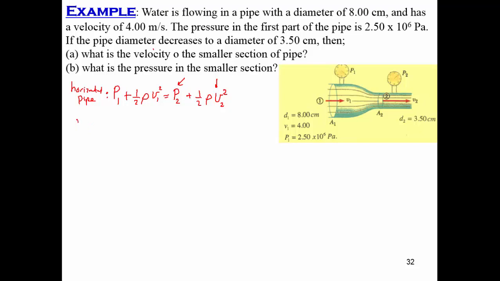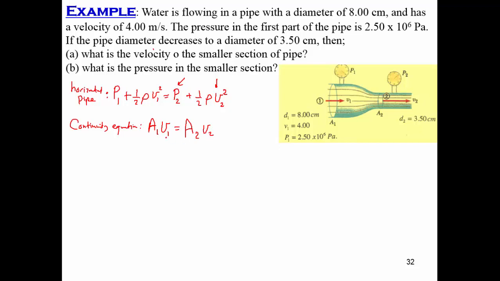And if you recall, the continuity equation provides a venue to solve for the velocity, because we know A1 and V1, where A1 is the sectional area of the pipe in the first region, times V1, which is the velocity of the fluid in the first region, equal to the sectional area of the pipe in the second region times the velocity in the second region.